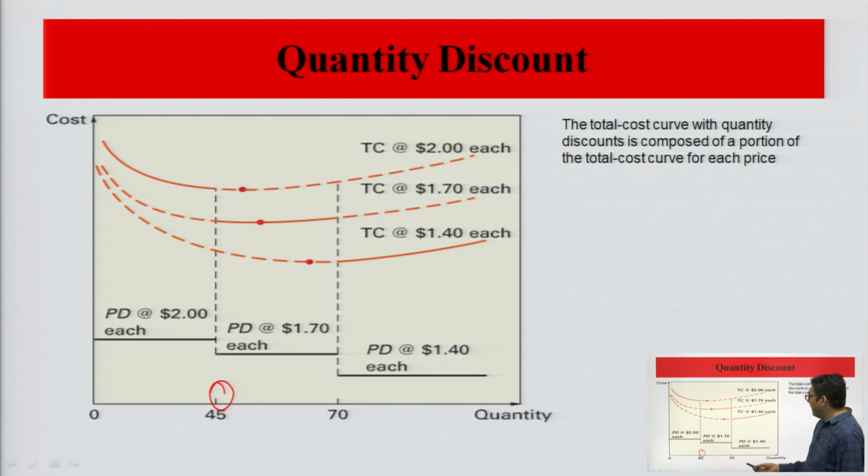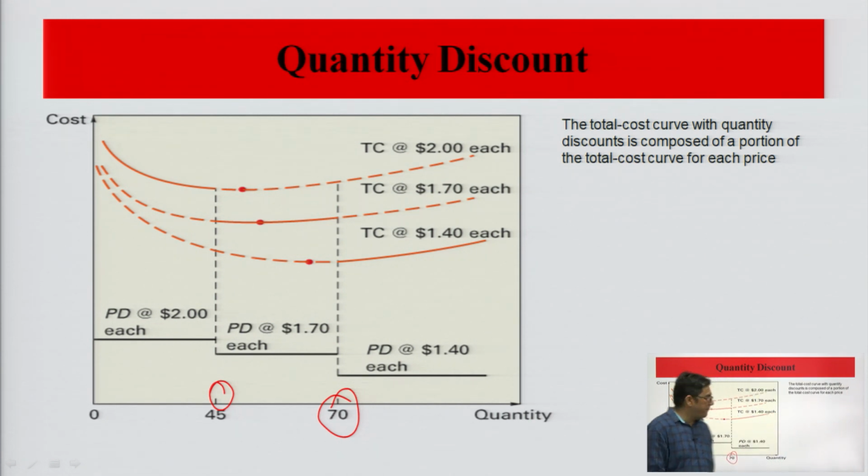By this model we come to know that at $2 there is no discount given, and if you purchase between 45 and 70 units, a discount is given, at $1.70 each.